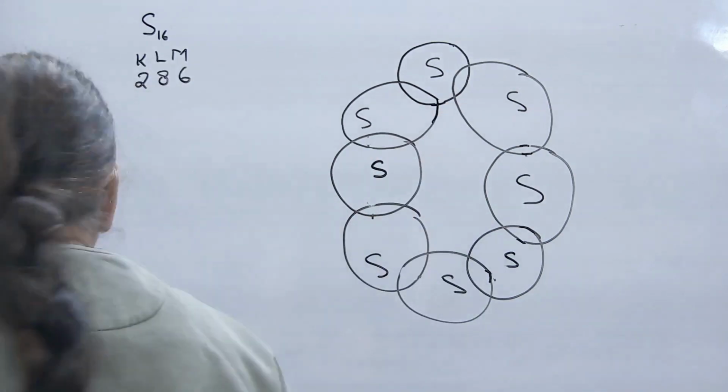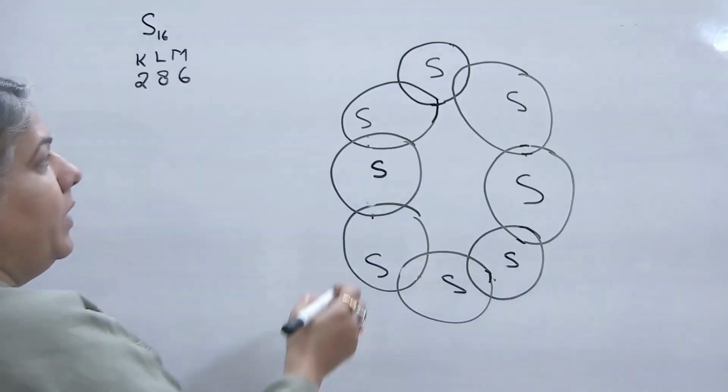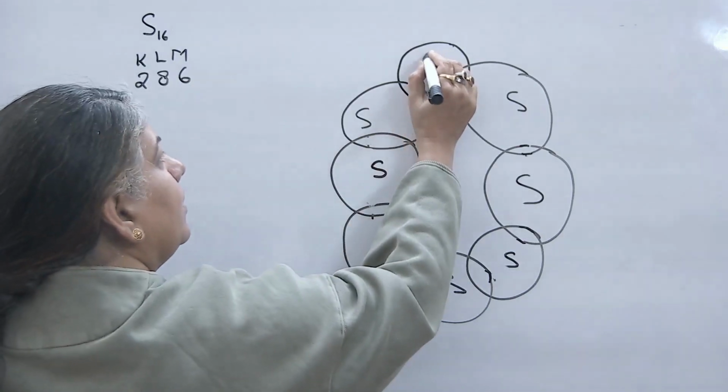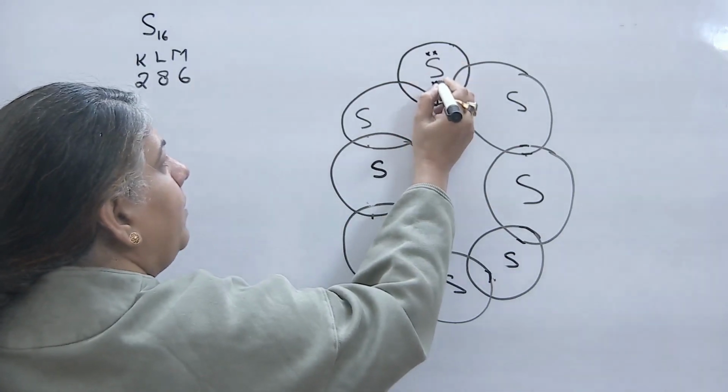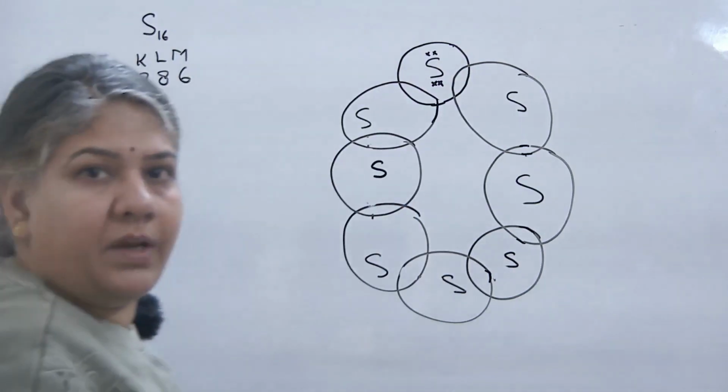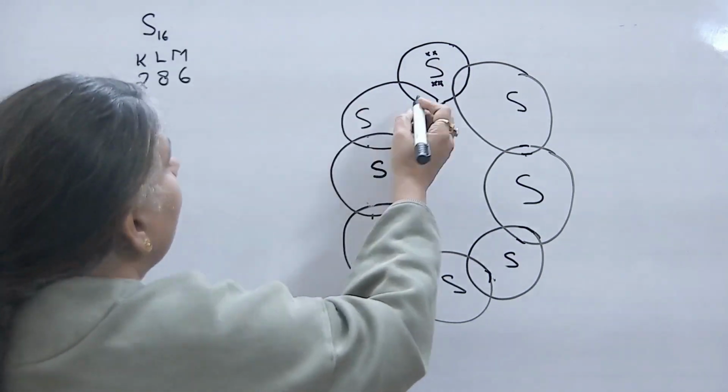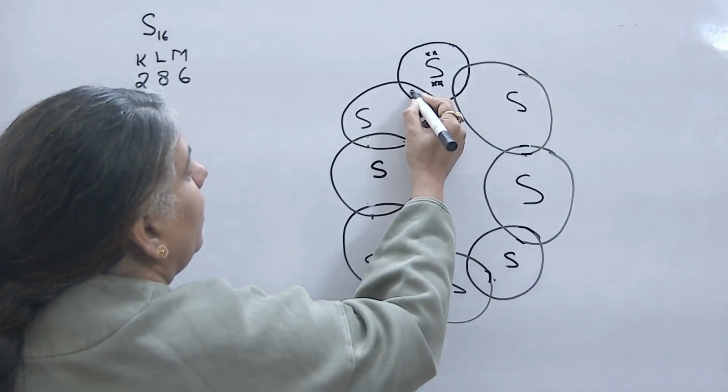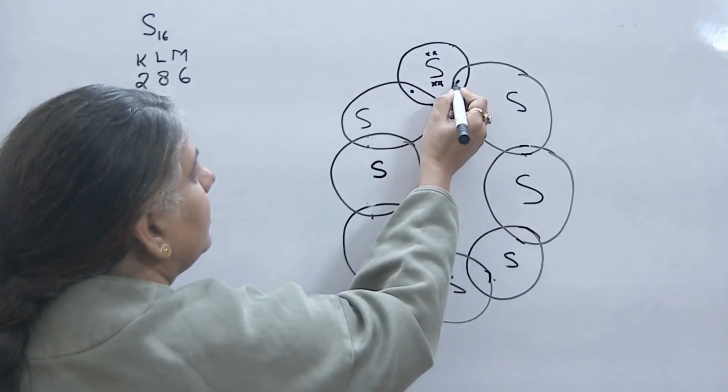See, now the 6 electrons will be arranged in this manner. 2 will not participate in bonding, so they will be a lone pair, and the rest 2 will occupy the shared region.